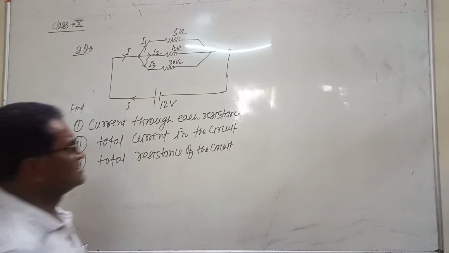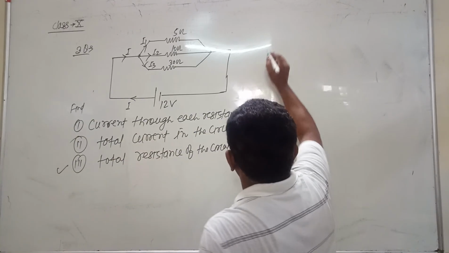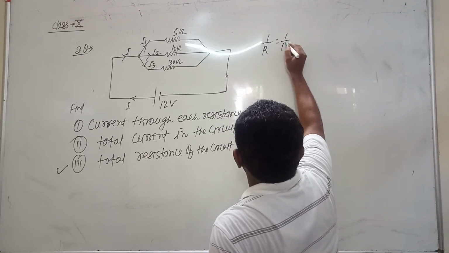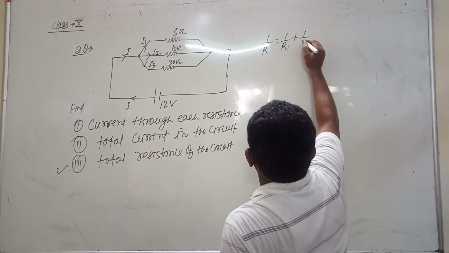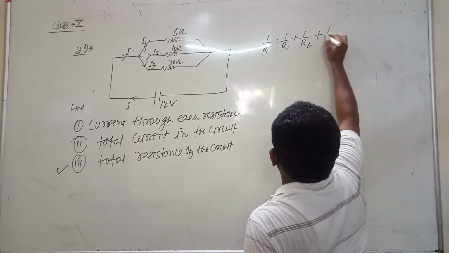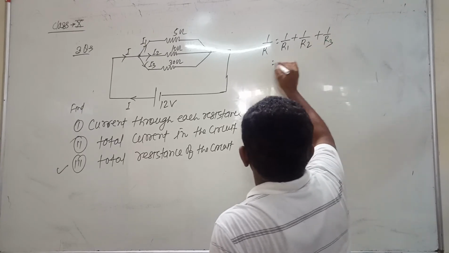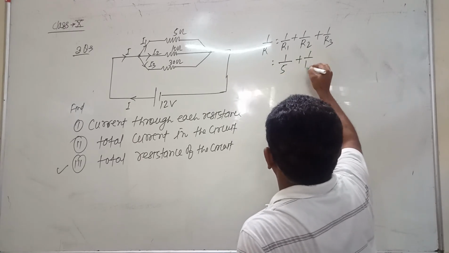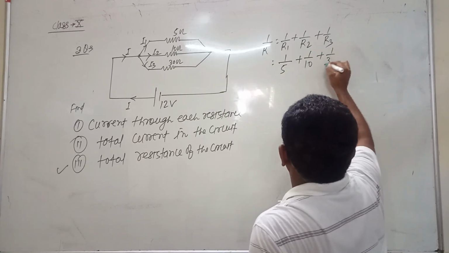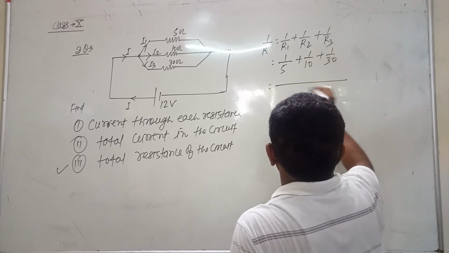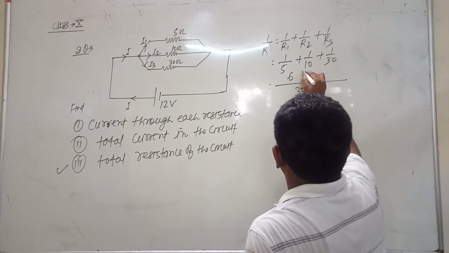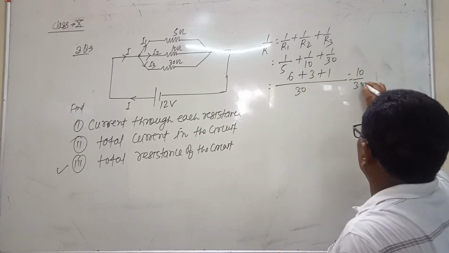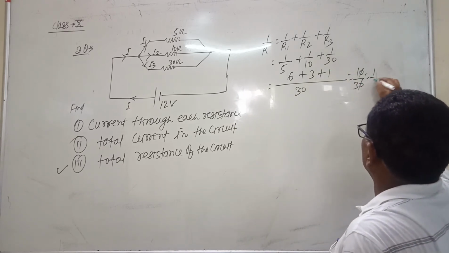These three resistances are connected in parallel. So 1 by R equals 1 by R1 plus 1 by R2 plus 1 by R3. So 1 by 5 plus 1 by 10 plus 1 by 30. And the LCM is 30: 6, 3, 1. This is 10 by 30, and this is 1 by 3.